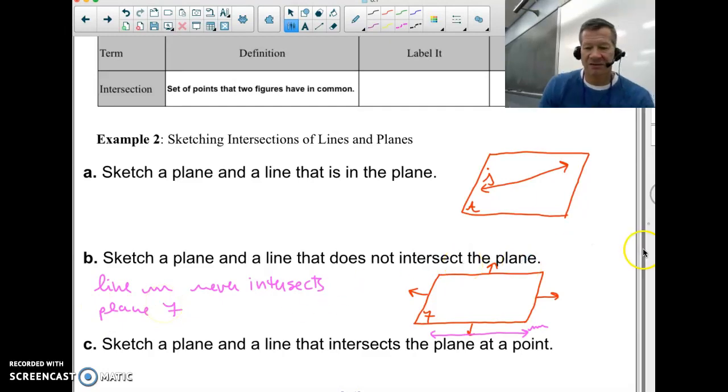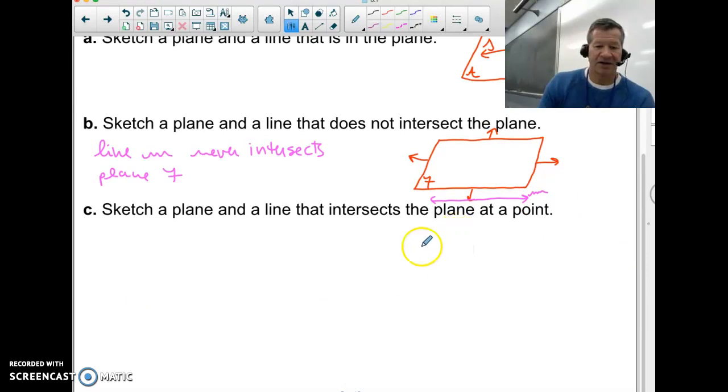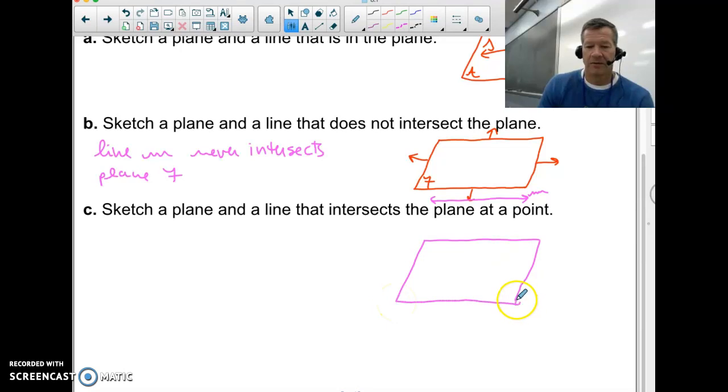Okay, last one. Sketch a plane and a line that intersects the plane at a point. So on this last one now, let's draw us a plane. And there we go. Okay. So there's my plane. Let's call this plane T. Okay?